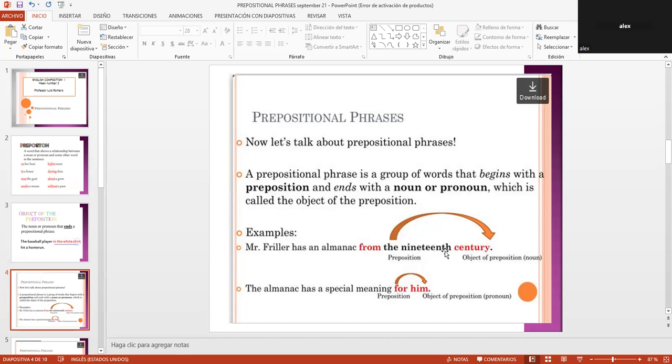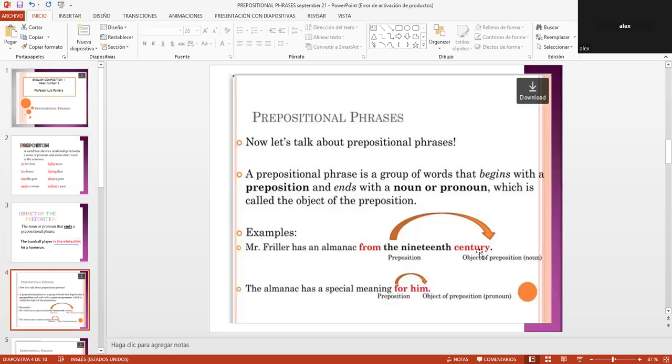Here is the complement. Of course, this complement is the information which is describing the word century. And if it is describing, then you could say that this is an adjective, right? It's a kind of complement of the prepositional phrase.